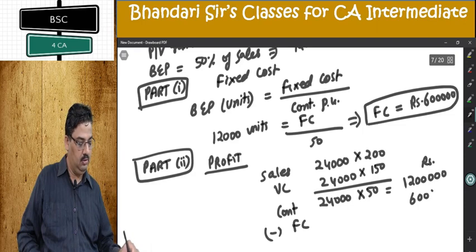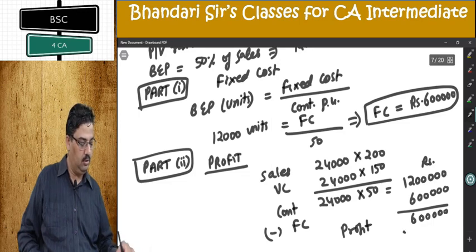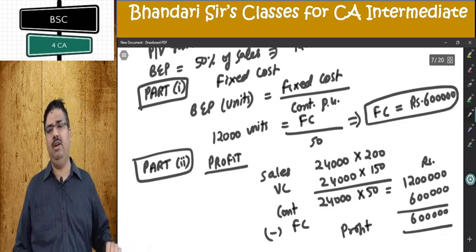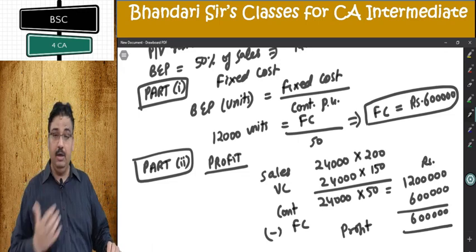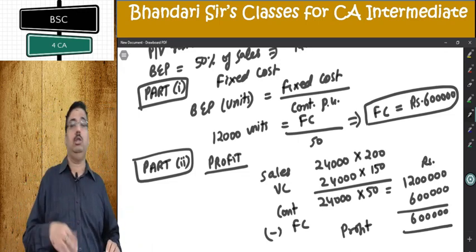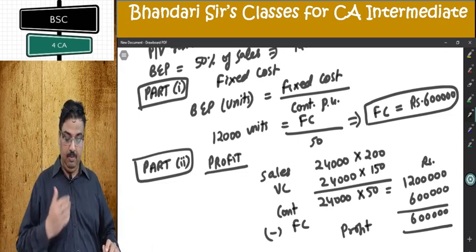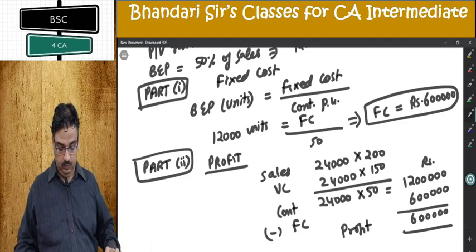Minus fixed cost 6 lakh. Profit is also bound to be 6 lakh. Nothing difficult. Only income statement being prepared. First part was fixed cost computed from break-even point. Second part is profit for the year.